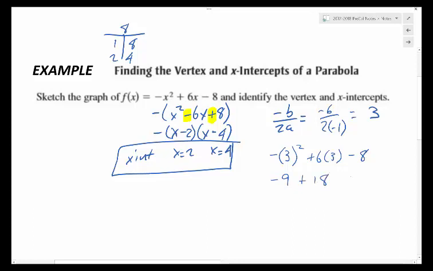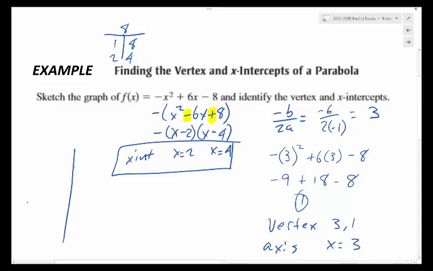Negative 9 plus 18 minus 8. Add those up, and I get 1 as my answer. So the vertex will be 3, 1. The axis will be x equals 3.